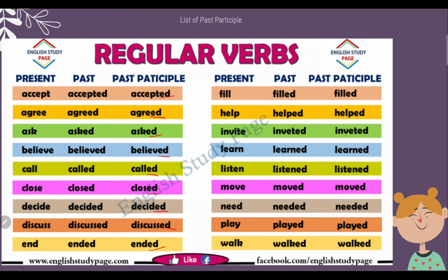Okay, we only add on ed. So that is a regular verb. It's the same as the past. So remember, for regular verbs, the past and past participle will be in the same form. We just add on the ed.